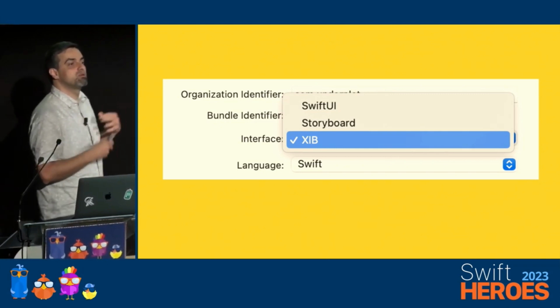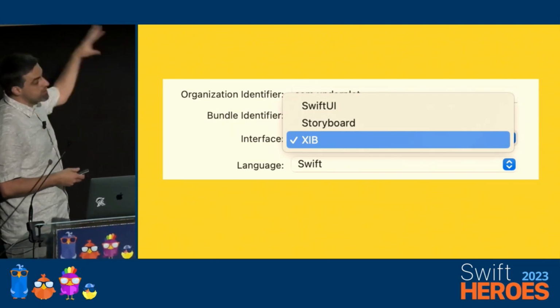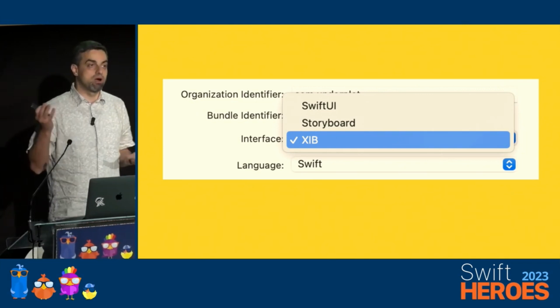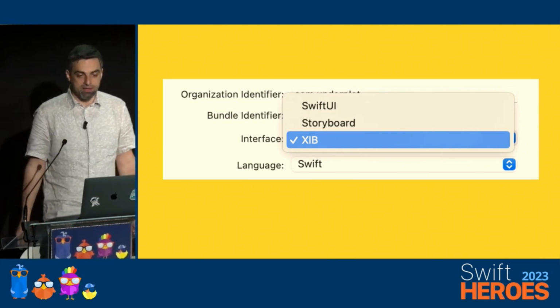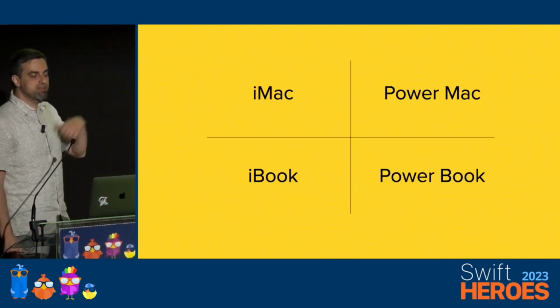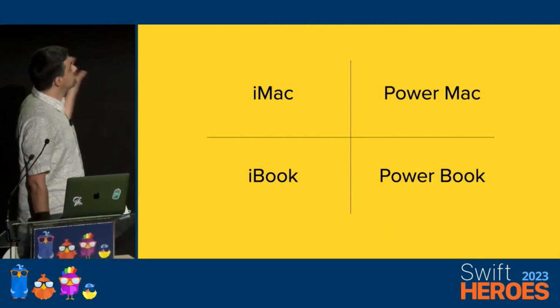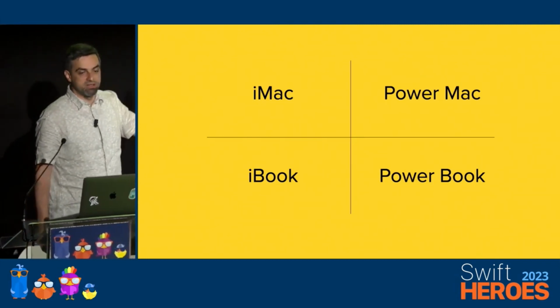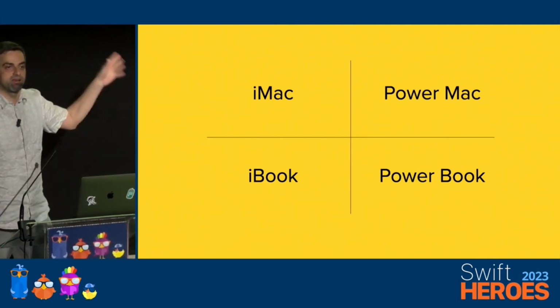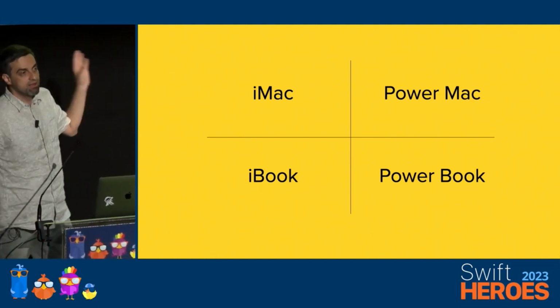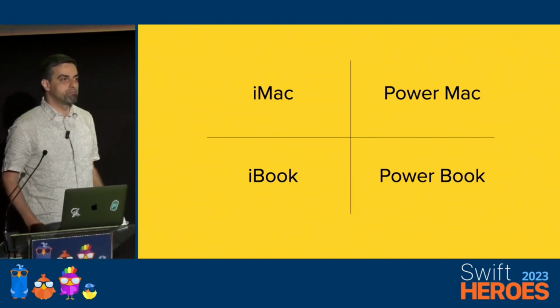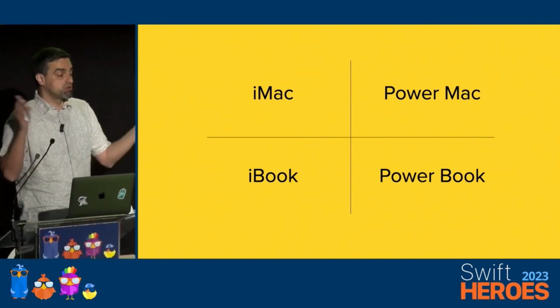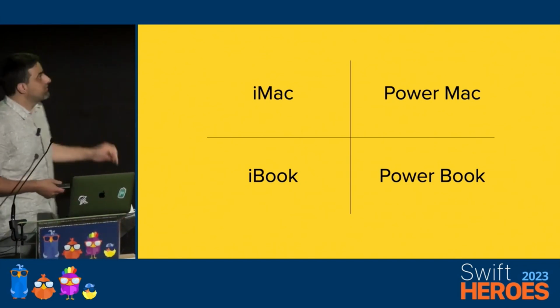And you might think it's a little weird that we have to think so much about UI even before we create the project. But it kind of makes sense. When Xcode came out, this was the hardware and the environment that developers were targeting, right? These are the 4 products that Apple focused on for relaunching the company, basically.